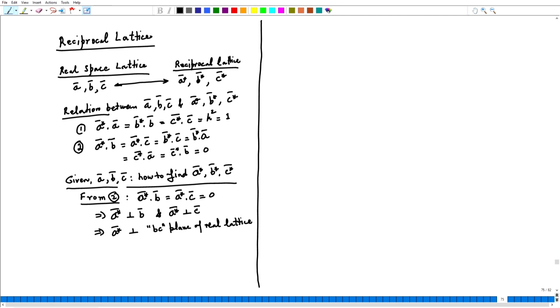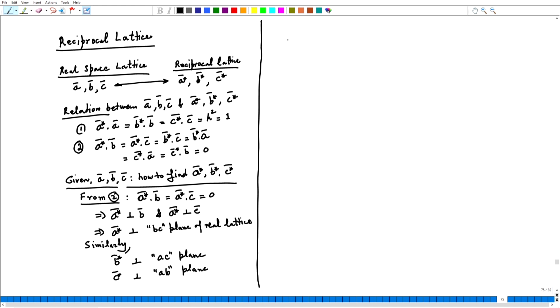Similarly, the reciprocal lattice vector B star would be perpendicular to the AC plane of the real lattice, and the reciprocal lattice vector C star would be perpendicular to the AB plane of the real lattice.